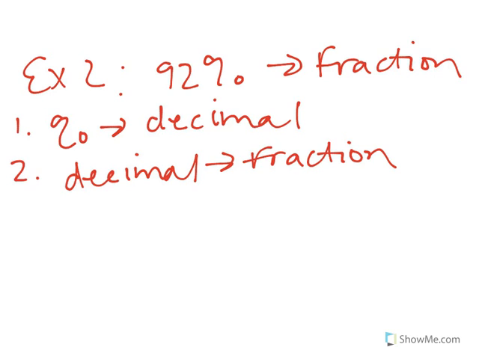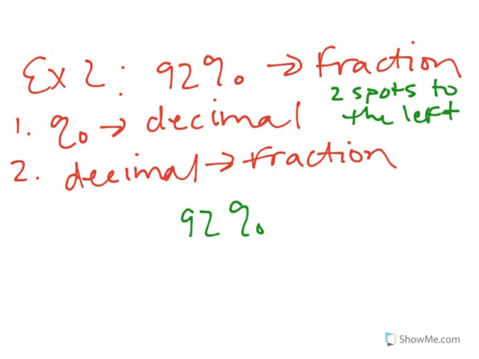So in order to turn my percent into a decimal, I need to move my decimal 2 spots, and I'm going backwards this time to the left. So I have my 92%, and my imaginary decimal is right here. Notice how the last time I told you you could just take it away, but you still have to remember it's right there. And you're going to move it 1 spot, 2 spots to the left. So now 92% is the same as 0.92, or 92 hundredths.